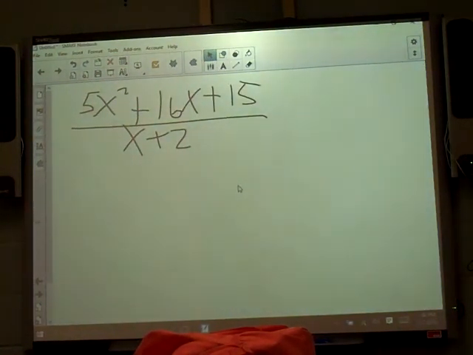And then what you should have is a remainder of negative 3. Now put it over x plus 2, because that's what you divided by. The original problem said divided by x plus 2, that's what you put your remainder over. Oh, I got it now.